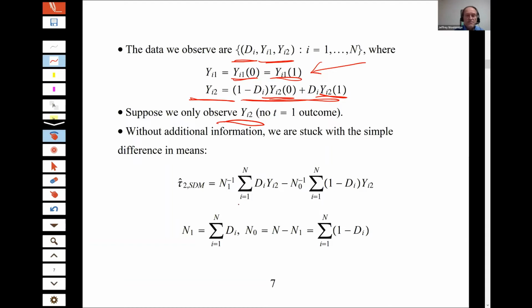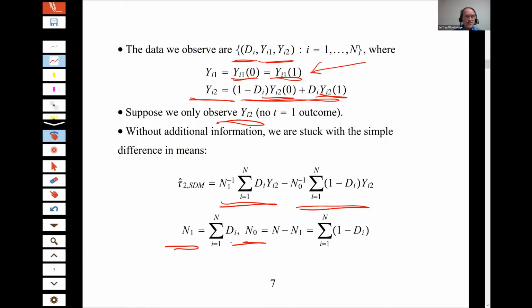So that estimator is to simply average the outcome in the second period for the treated units and subtract the average for the control units, where these, of course, are the number of treated and control units respectively.